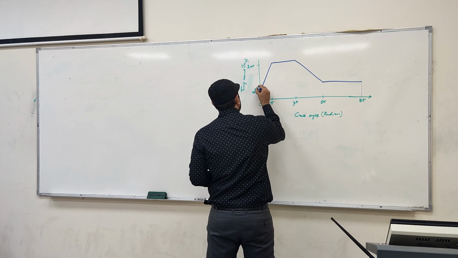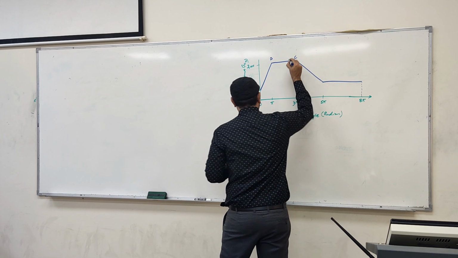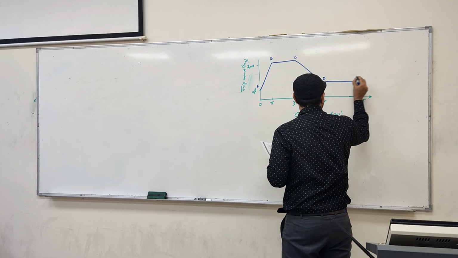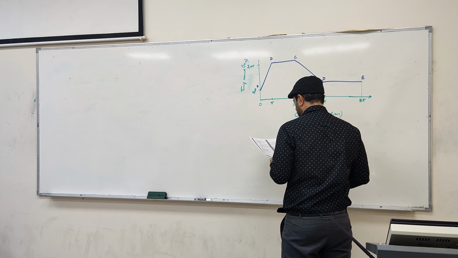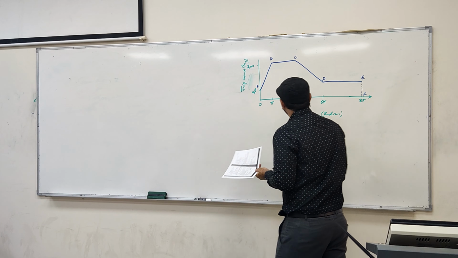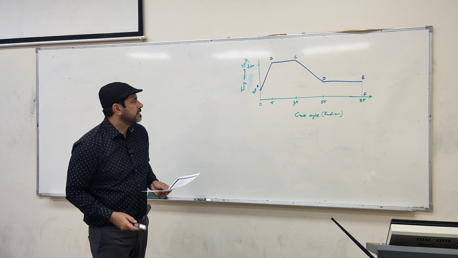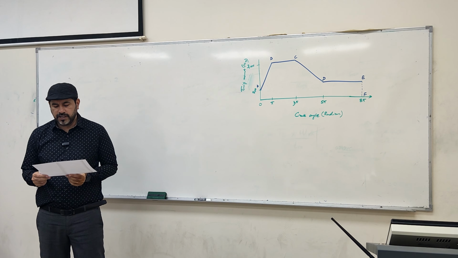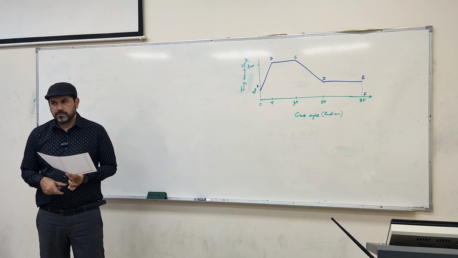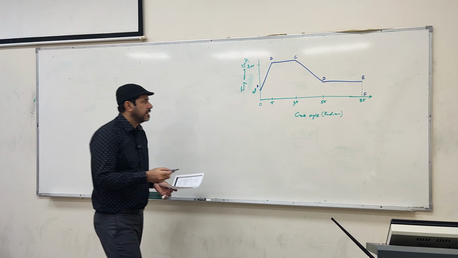Just to identify these points, let's name them A, B, C, D, E, and F. So to find the area under this curve, because it's made of very simple straight lines, we can divide it into very primitive shapes like rectangles, squares or triangles.